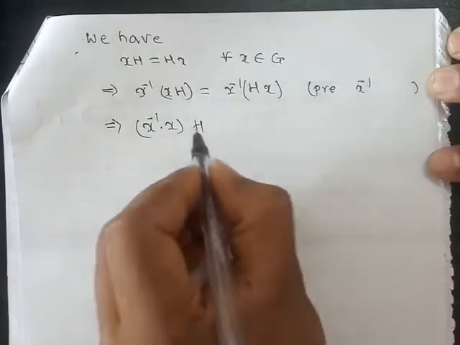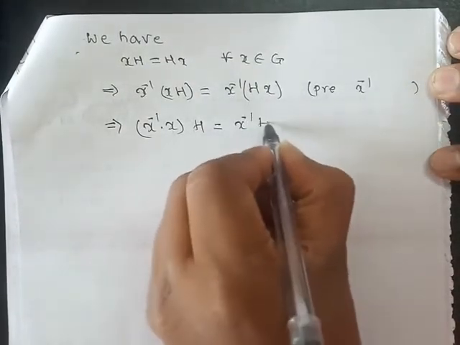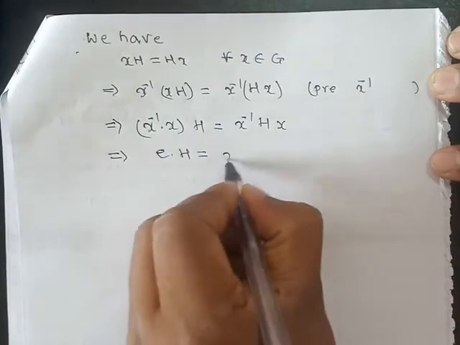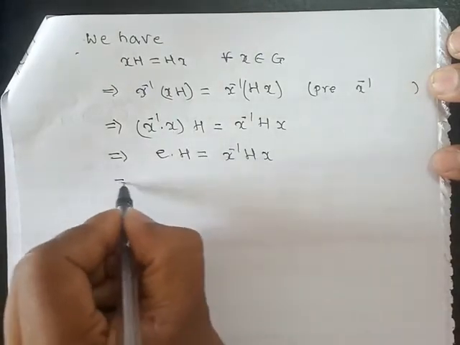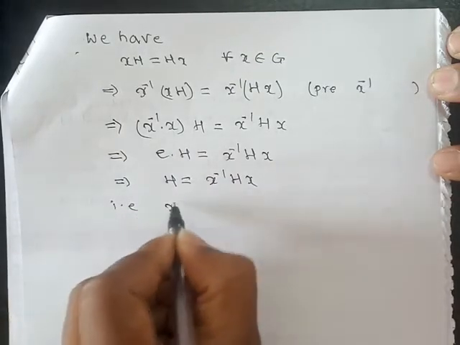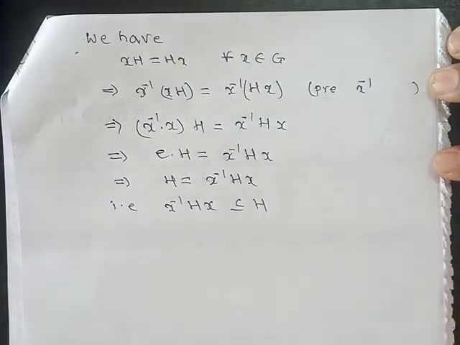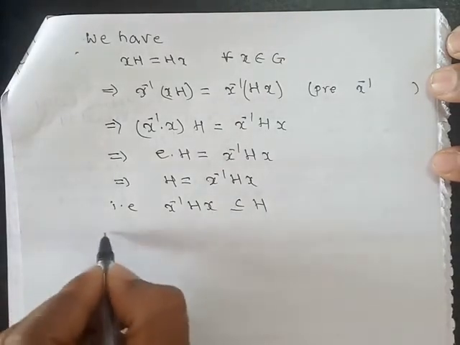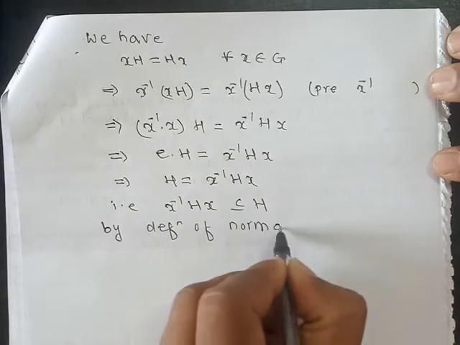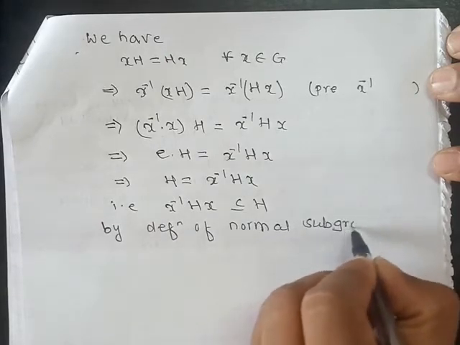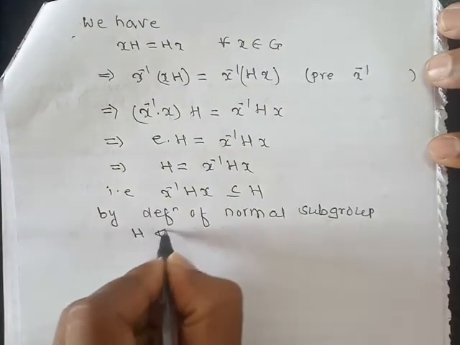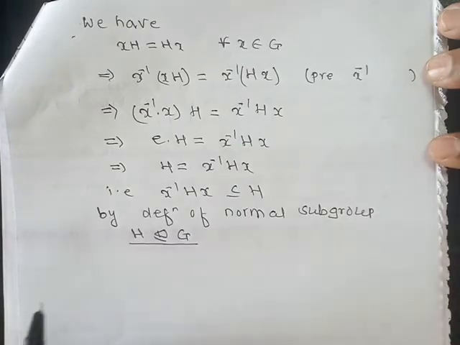So this X inverse into X is nothing but identity into H, which is equal to X inverse H X, equal to H, that is, X inverse H X is a subset of H. Hence, by the definition of normal subgroup, H is a normal subgroup of G, hence the proof.